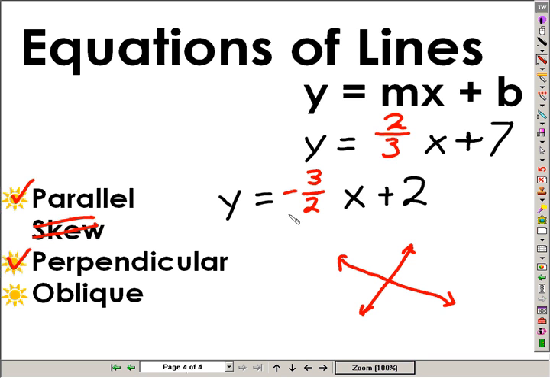So this is an example of a line that is perpendicular to a given line. Reciprocal slopes, positive, negative. An oblique line example would just be anything that's not parallel and not perpendicular. So for oblique, use a slope that's not equal to and not a reciprocal of with the positive negative slope, like anything rather random. Well, that slope is not equal and it's not a reciprocal, therefore it's oblique.